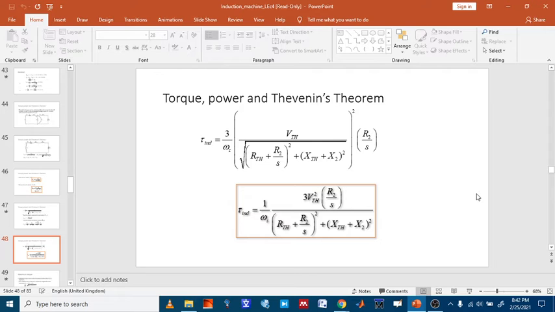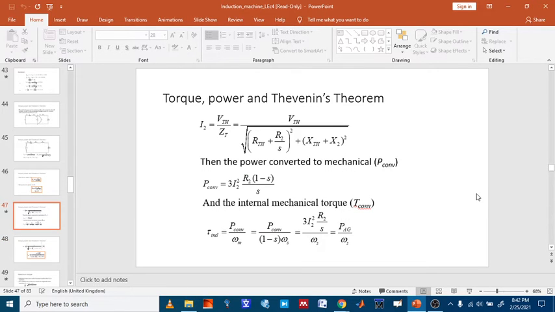Torque induced is given by P converted over omega m. So you divide by omega m and you get this relation.